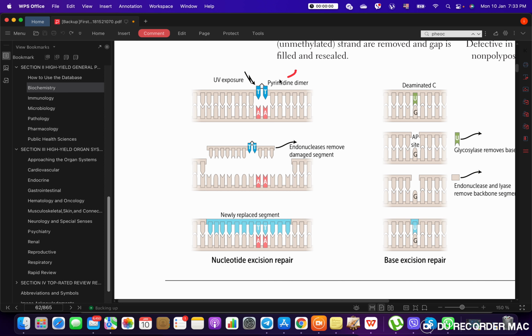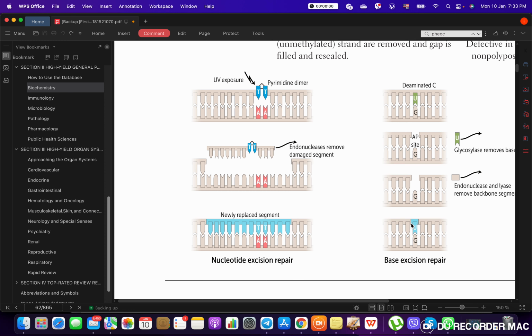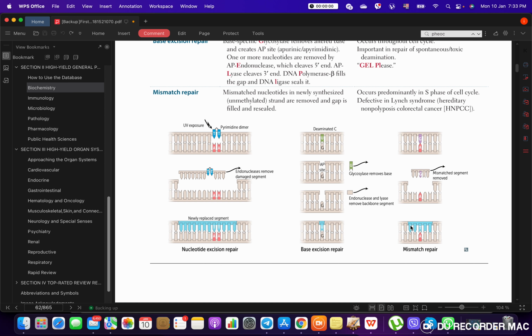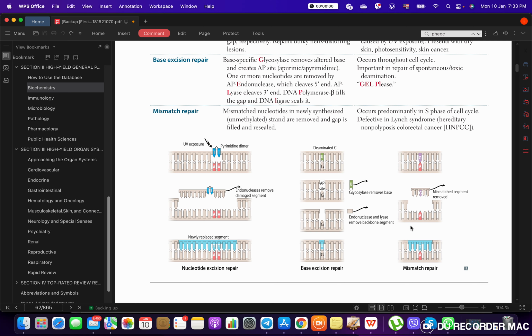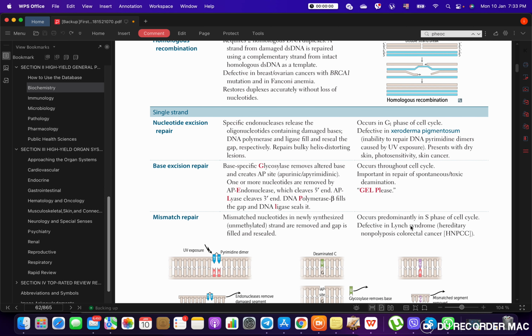We cannot do anything on a genetic level, so we just need to reduce the UV exposure. Guys, by the way, I want you to be careful about one question. I saw it somewhere and I think it's highly likely to be asked. They might tell you about someone with the symptoms of xeroderma pigmentosa, and then they tell you he's 6 months old.